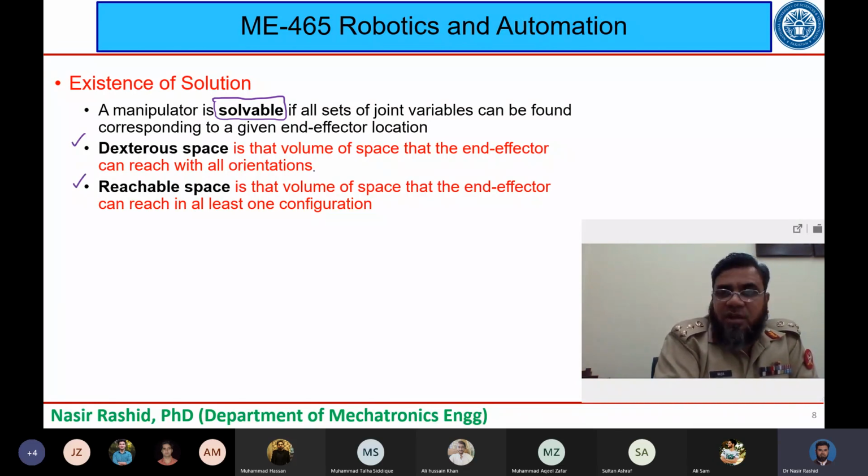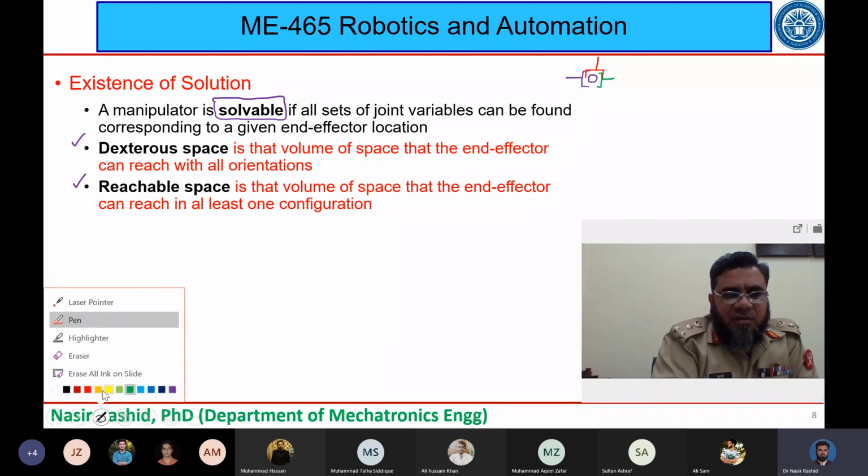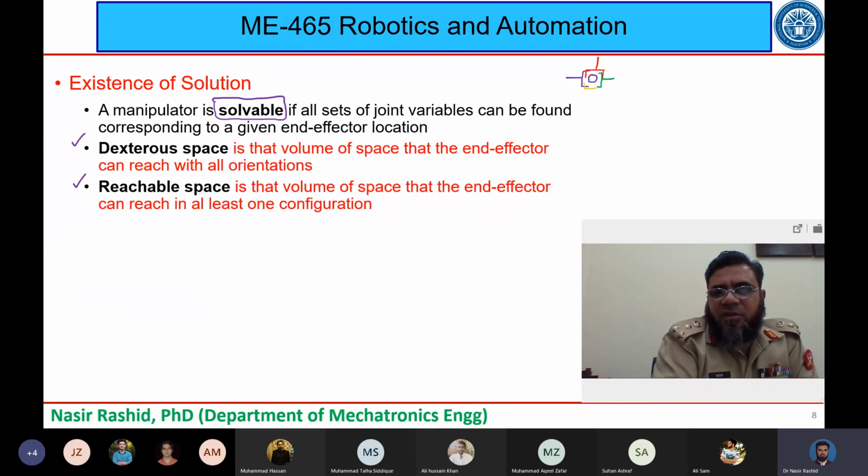All orientation से क्या मुराद है कि let's see if I have a part here and I want to pick it up with the help of the gripper. So gripper इस पार्ट को हर तरफ से अचीव, मतलब यहाँ से भी इसको कर सके, रीच कर सके. लेट्स सी आई मेक वन मोर, यहाँ से भी इसको रीच कर सके. देन लेट्स सी इस तरफ से भी इसको रीच कर सके एंड इस तरफ से भी रीच कर सके.